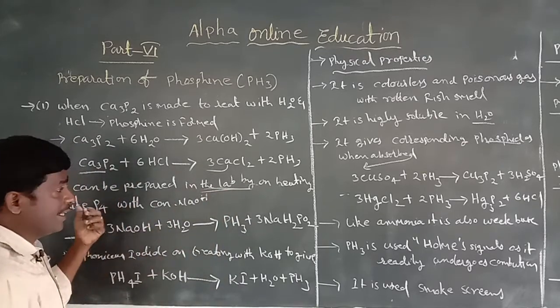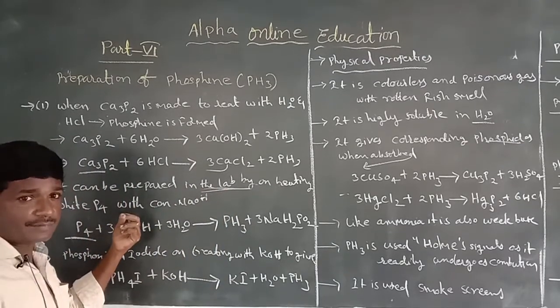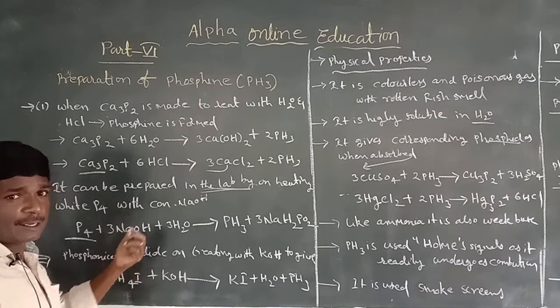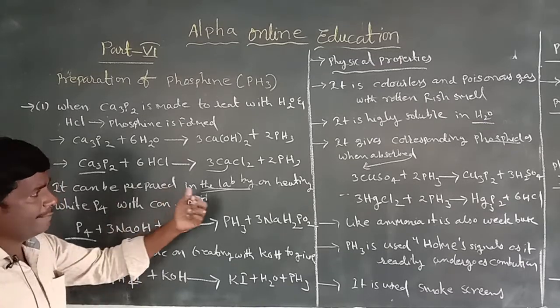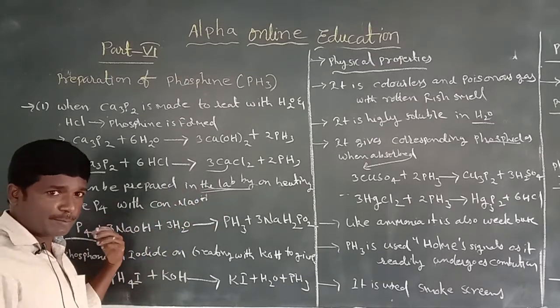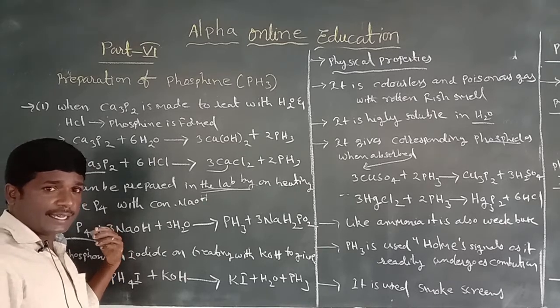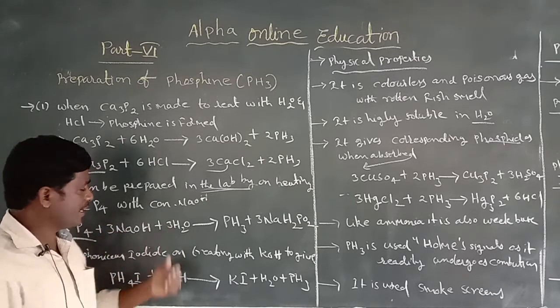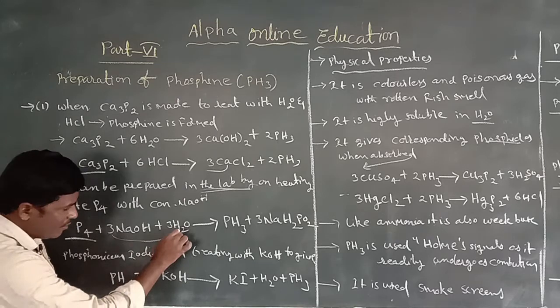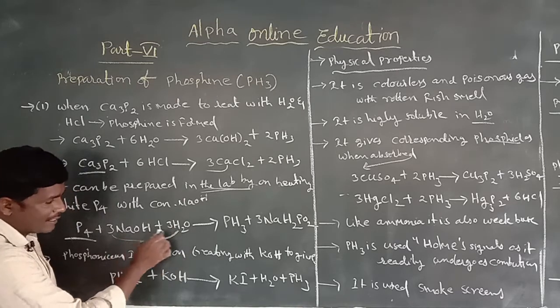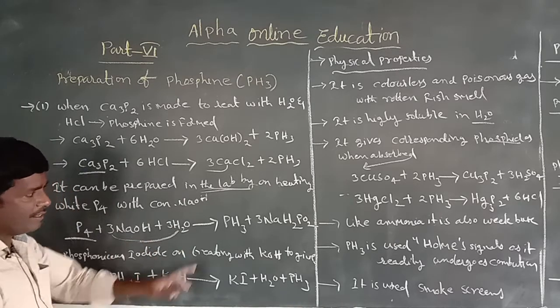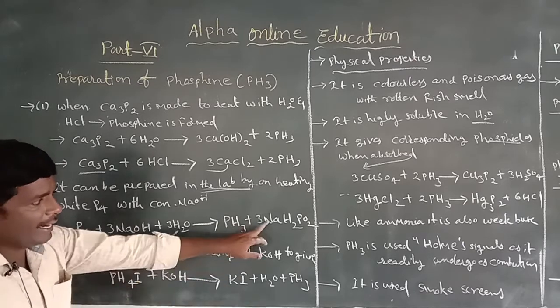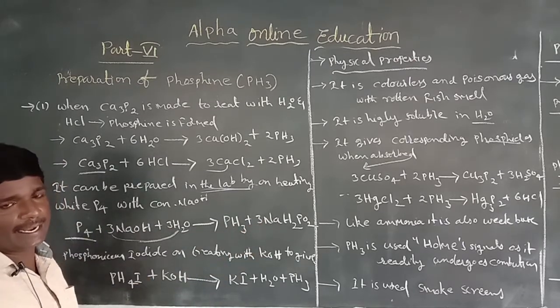In the laboratory method, phosphine is prepared by heating white phosphorus with concentrated sodium hydroxide solution, 3NaOH, forming phosphine and sodium hypophosphite.